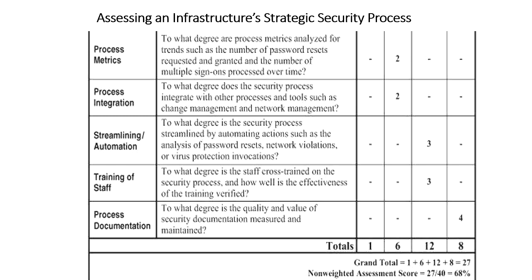For the process integration, you can get a question like to what degree does the security process integrate. Then streamlining is like how the automation is done, how the streamlining is done, dependent on maybe the network, maybe the software issues, maybe the virus protection invocations.